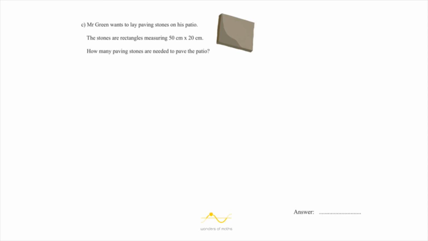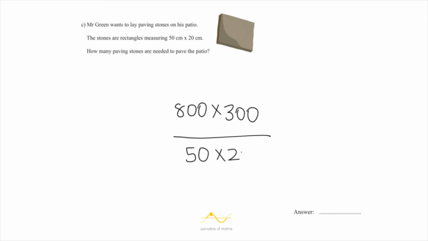Another way of doing it is by doing division as a fraction and cross-simplifying. Have 800 times 300 as your numerator and 50 times 20 as your denominator. First, cross-simplify the 20 and the 300, meaning you are left with 15 as the numerator.